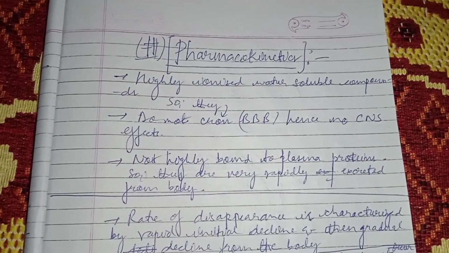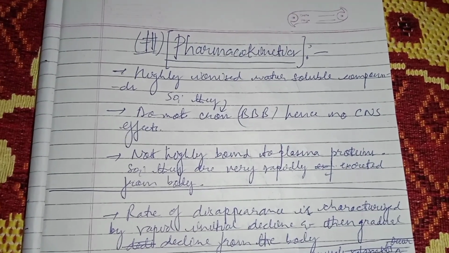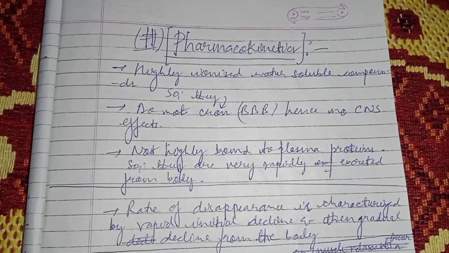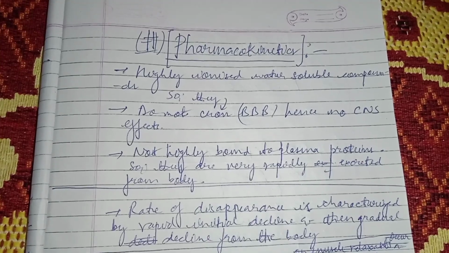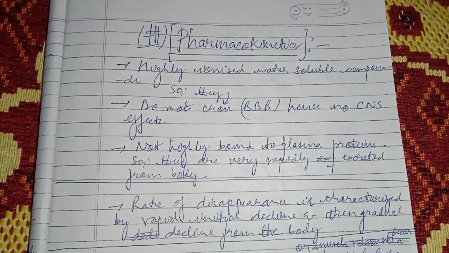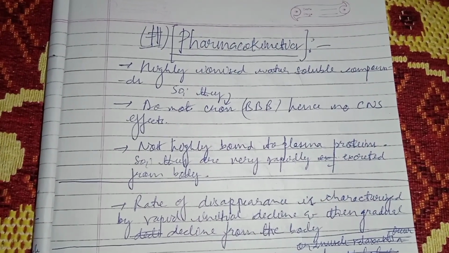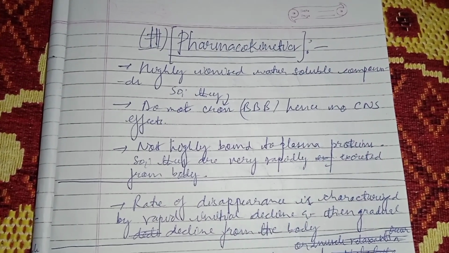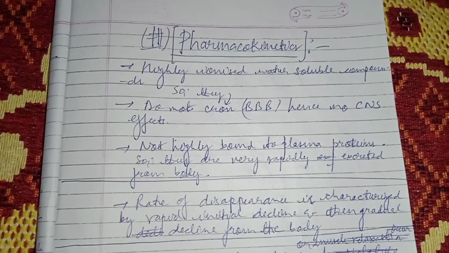And now here comes the pharmacokinetics of the muscle relaxants. The first point mentions that they are highly ionized, water soluble compounds, and due to that nature they do not cross the blood brain barrier, and hence the CNS effects are zero.